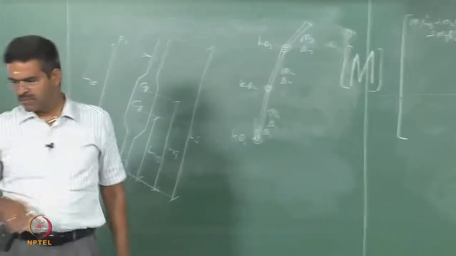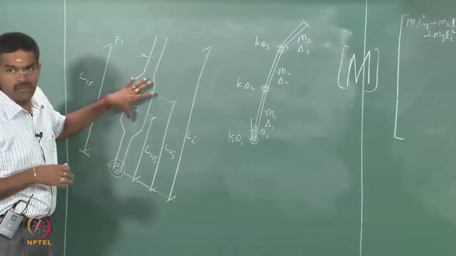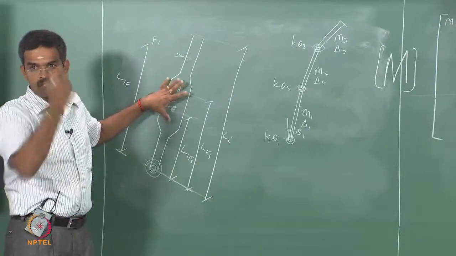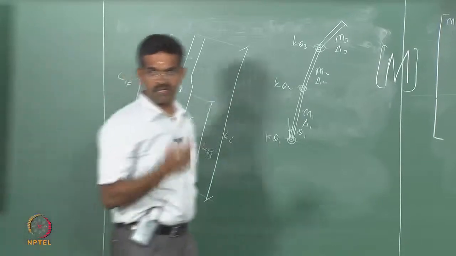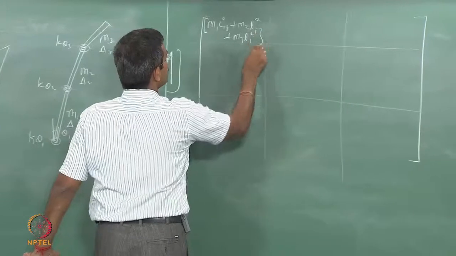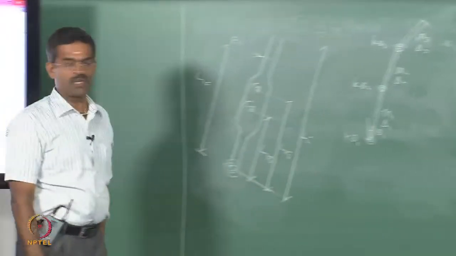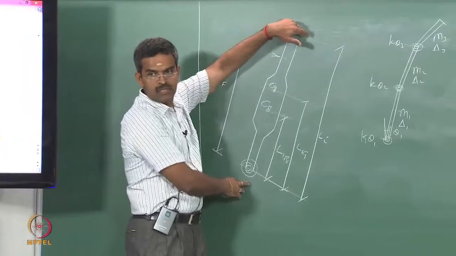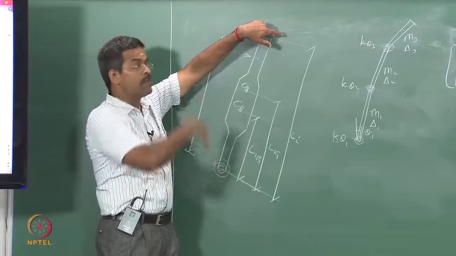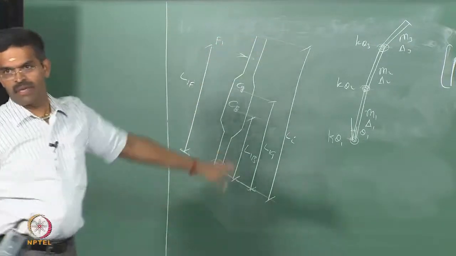In addition to this, I will also have the moment of inertia of this system itself alone. In the earlier case it was neglected because the spring mass system had a neglected mass of the self body, but here this is present, therefore I should say plus I1, where I1 is the moment of inertia of this system itself, because this is now substantially high, we cannot neglect this. In the pendulum problem we neglected it, but here cannot neglect, okay.